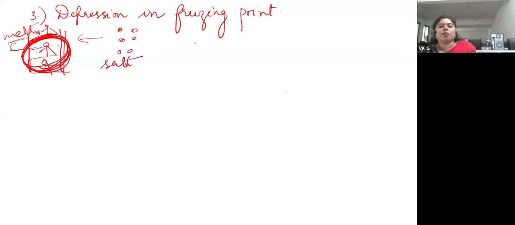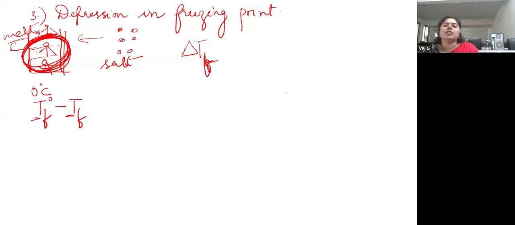Again, depression in freezing point will be given as delta TF, the difference in the freezing point before and after. Freezing point of water is actually 0 degrees Celsius, but now it has decreased. Okay, so it will be what? TF naught minus TF, correct? It has decreased. When you add salt, freezing point decreases. That's why pure water minus after adding.